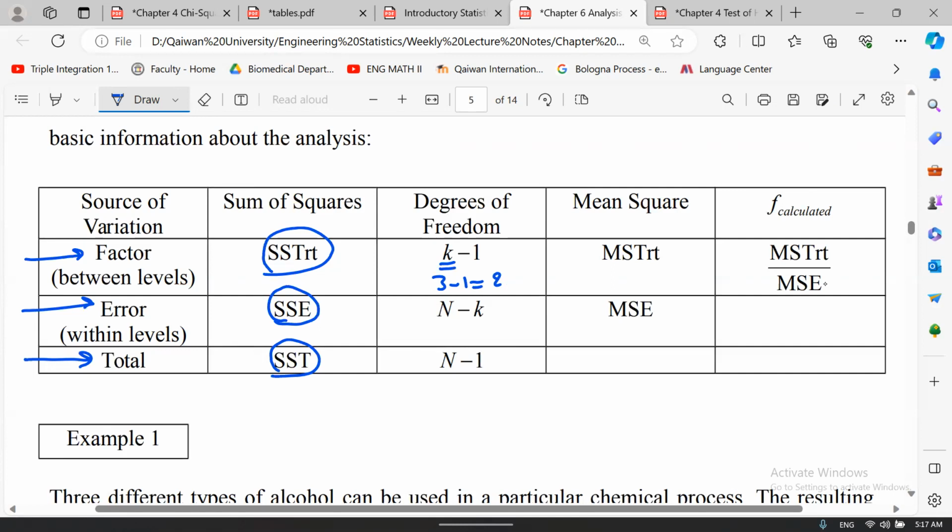And N minus K is 10 minus 3, which is 7. Capital N is the total number of elements, and K is the number of columns, 3. And N minus 1 is 9. The sum of these two must be the same as 9.